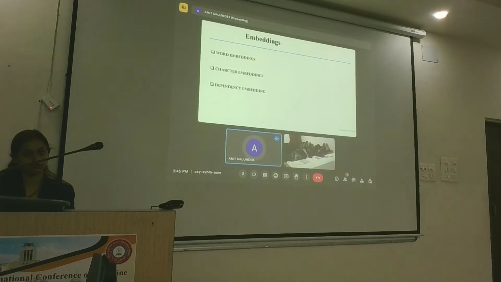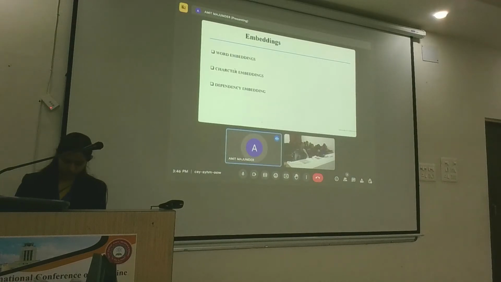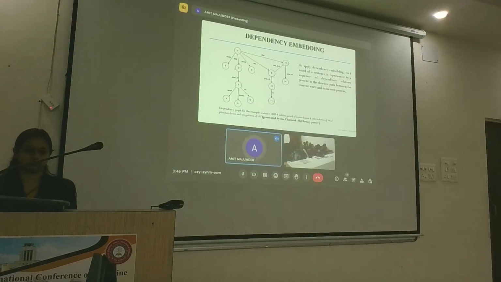If we use these three types of embedding, it has been seen that during learning through the network, it gets more contextual information. A dependency parser is used, and from this we extract the information for dependency embedding.